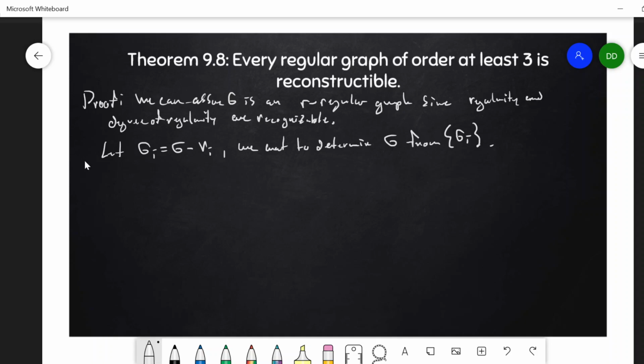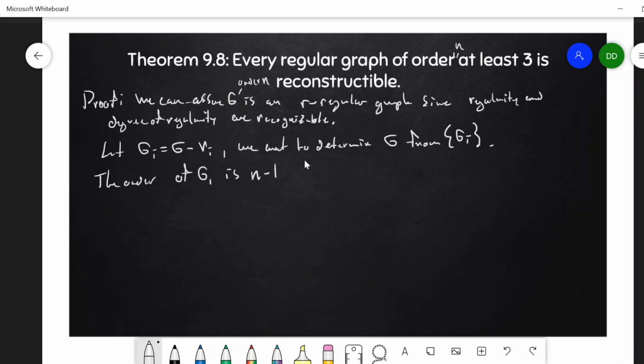So let's just take a look at G1. G is regular, we'll say of order n at least 3. The order of G1 is n minus 1.